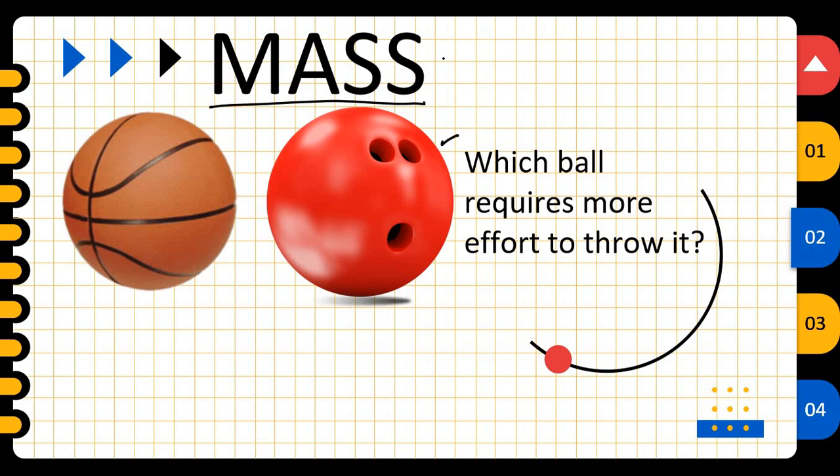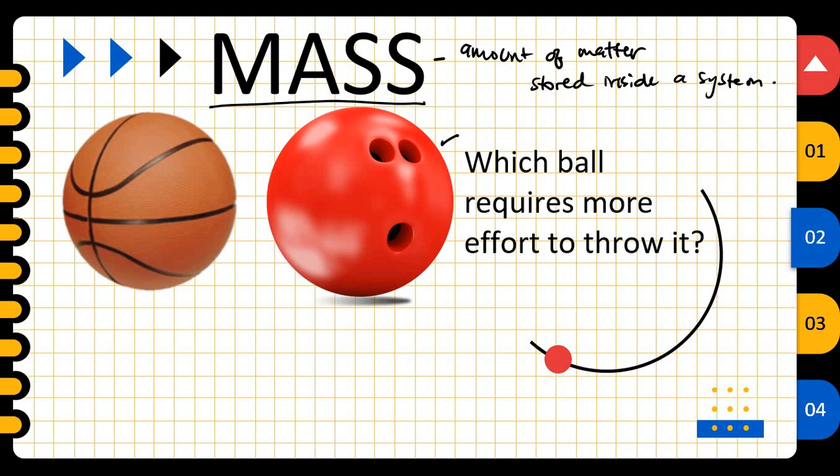Now, in chemistry, we define mass as the amount of matter stored inside a system. Alright, so this is in the context of chemistry. However, since we are in physics, how can we use our answer that the bowling ball requires more effort to throw than the basketball?